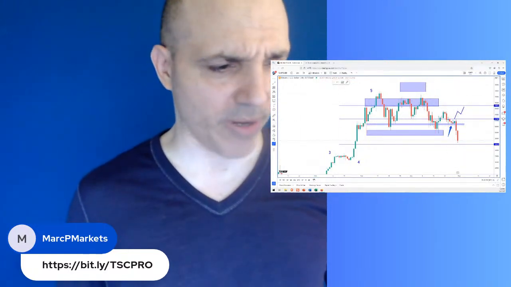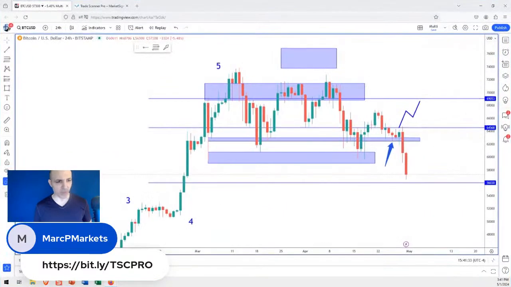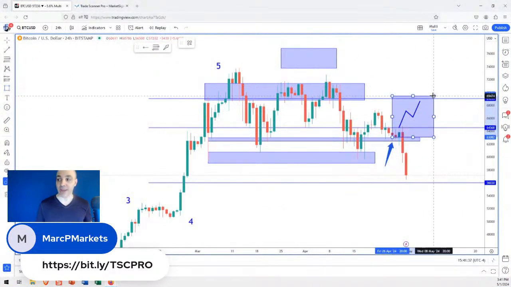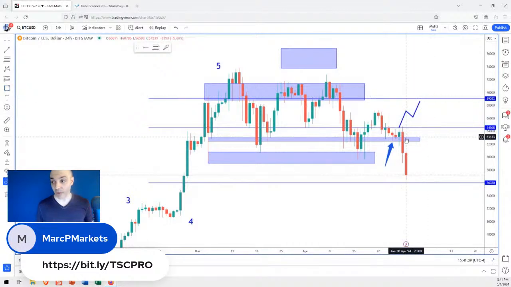Let me make the chart bigger. Hold on. That's what this illustration is, because I was anticipating we might get this scenario this week. But I also said, if you read the analysis, and we talked about this on Monday as well, that if we took out the pin bar low, then that's a stop out. That trade is no longer valid if you take out the pin bar low.